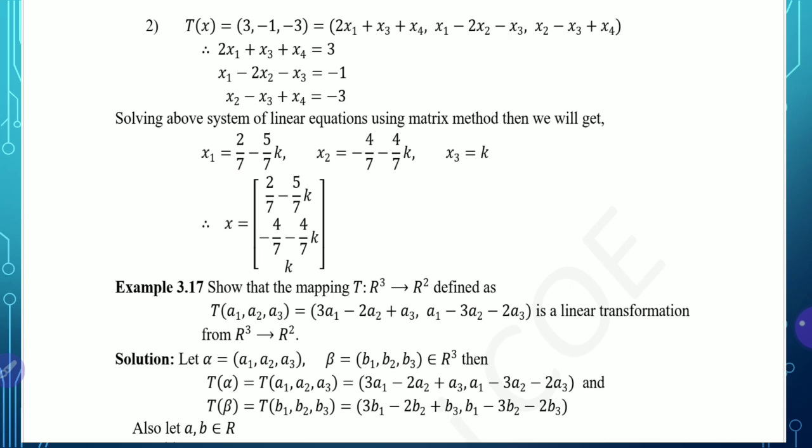Now T of x for some vector x of R4 is a vector in R3, which is equal to (2x1 plus x3 plus x4, x1 minus x2 minus x3, x2 minus x3 plus x4), by definition. This image is equal to (3, -1, -3). So we need to find x1, x2, x3, x4 for which this image is (3, -1, -3).